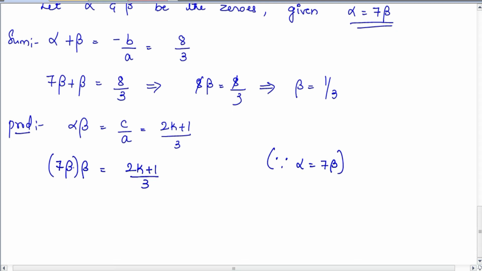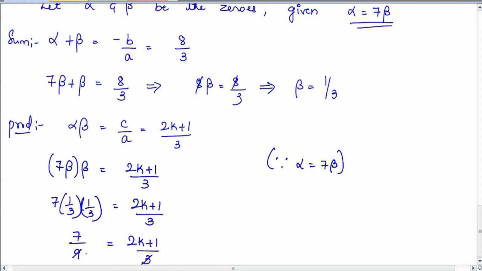So 7 into beta square basically. So it is going to be 7 into 1 by 9. 7 into 1 by 3 into 1 by 3, right? And this is equal to 2k plus 1 by 3. So we are going to get 7 by 9 here, that is 2k plus 1 by 3. So this 3 cancels this, so we will get 2k plus 1 equals 7 by 3.